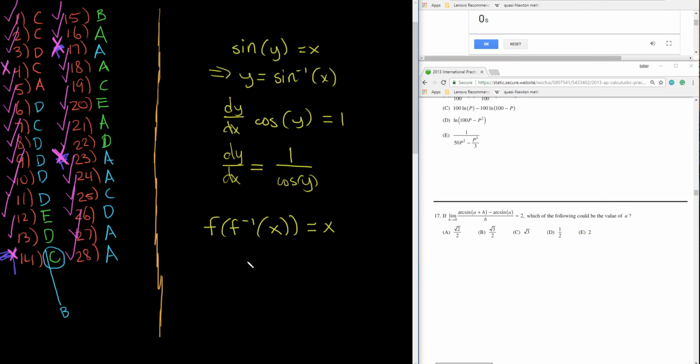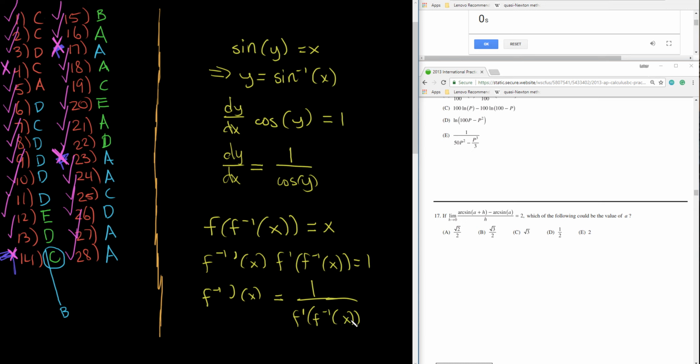If you take the derivative of this, what you end up getting is f negative 1 prime of x times f prime of f negative 1 of x equals 1, which tells you that the derivative of your inverse function at x equals 1 over the original function's derivative evaluated at the inverse function of x, which would have told us, because arcsine here is our inverse function.